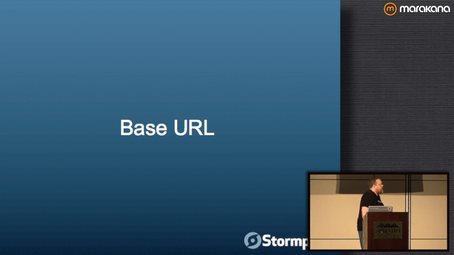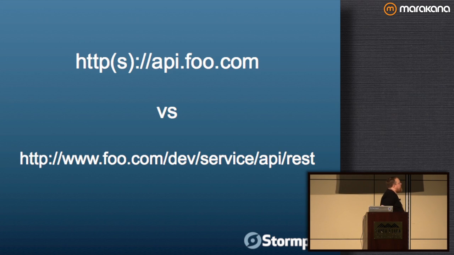And so if you're designing a REST API, which of these two things do you think you would prefer to consume if you're yourself a customer? It's pretty obvious that everybody favors the top URL. And the reason why is that with the bottom one, you don't really know if the REST API is an afterthought, or is it supposed to be some kind of location that's buried within some website. And it just doesn't look very clean.